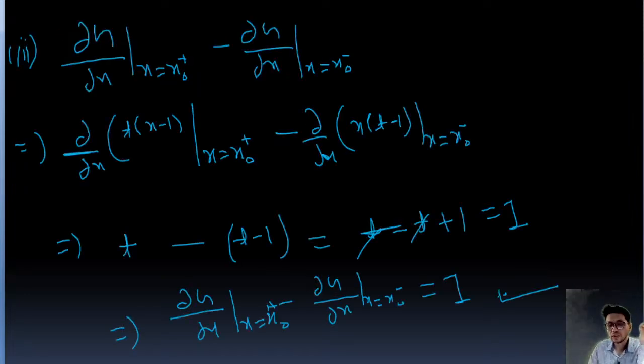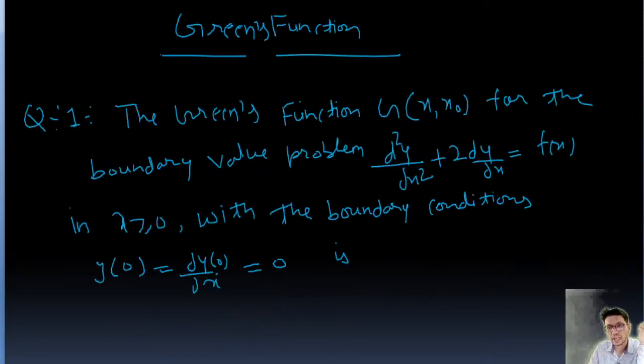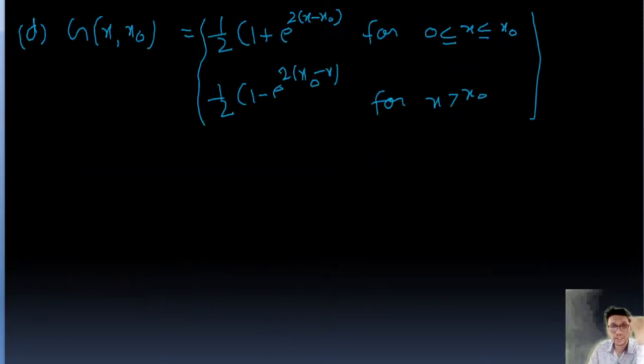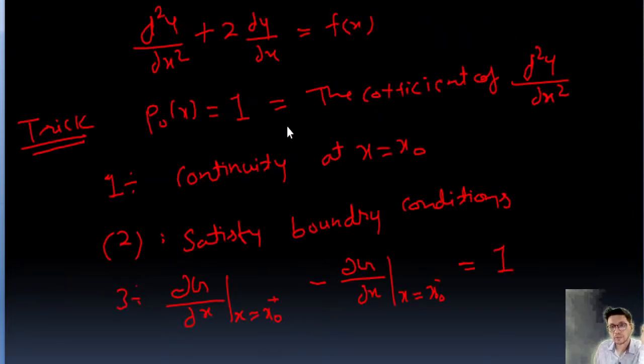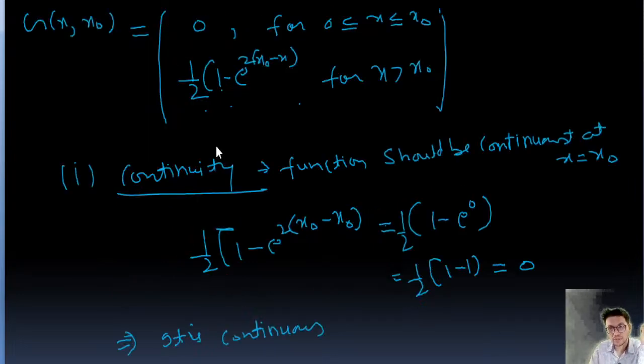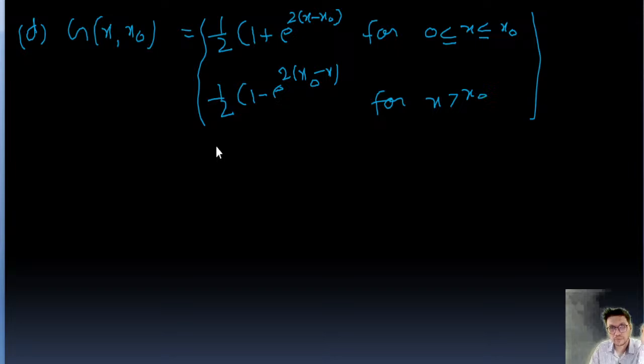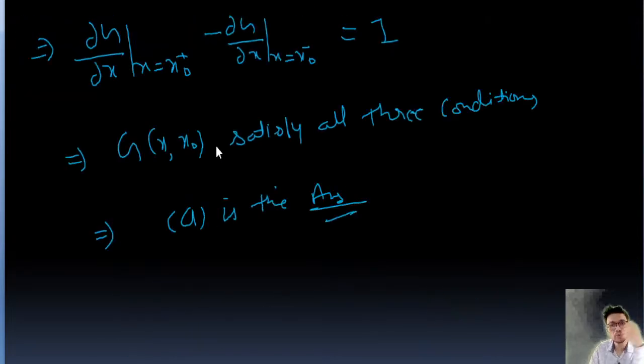So these are two questions I have solved, guys. This is the trick you need to note down, a very important trick, and you can easily solve these questions. Now you can try solving green function questions using this trick.